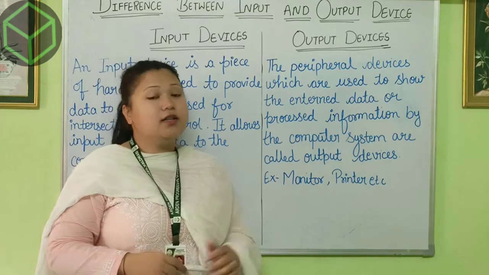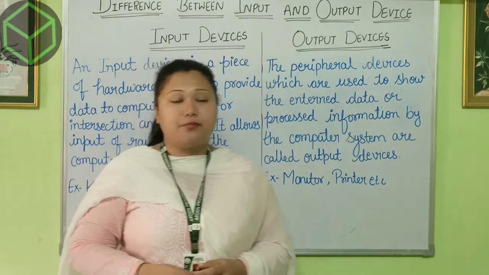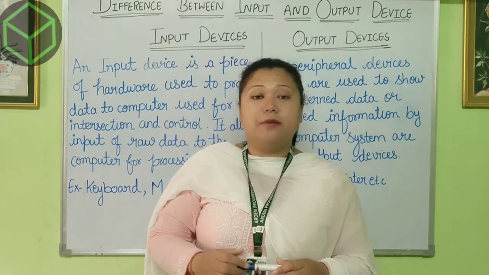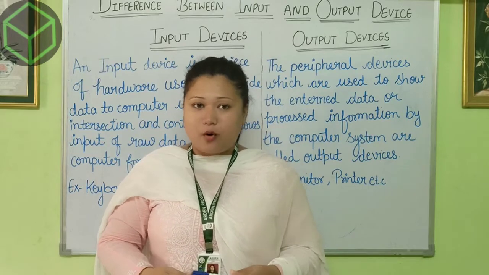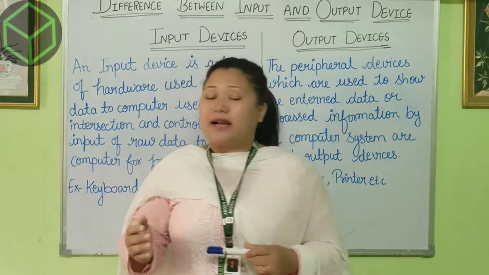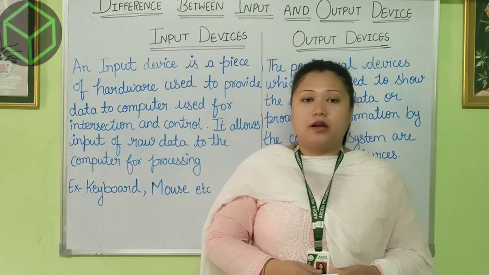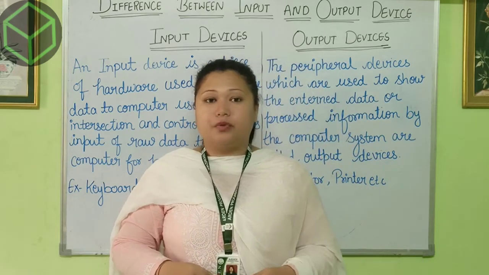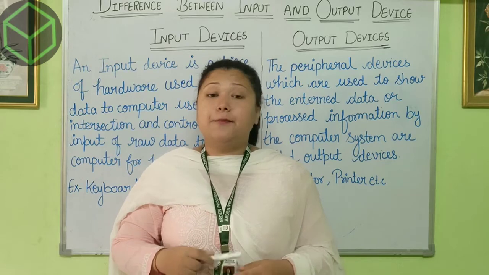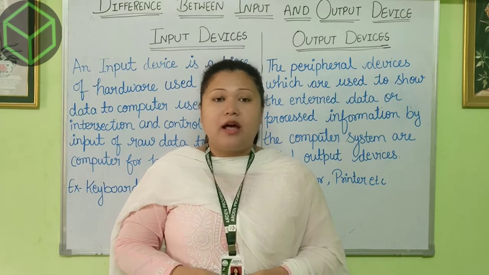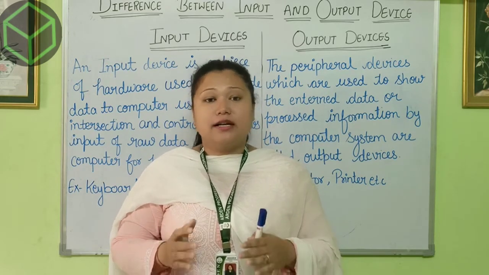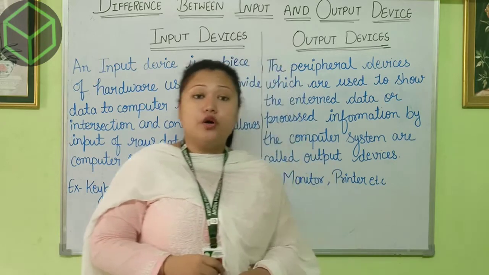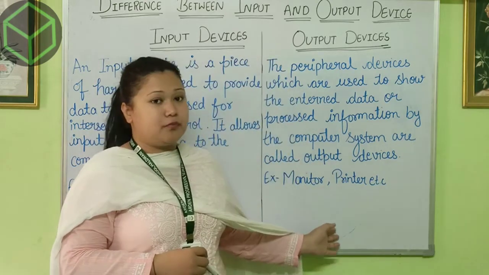Like monitor, printer, etc. If you give some command with the help of the keyboard, that is called input, and after that it processes inside the CPU, inside the brain of the computer, and after that the processed data is shown on the monitor, right?